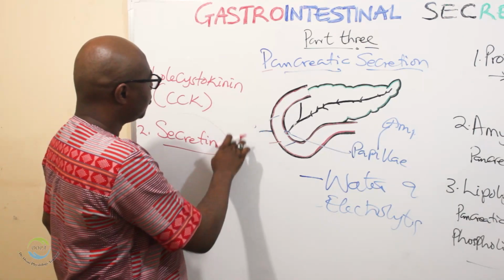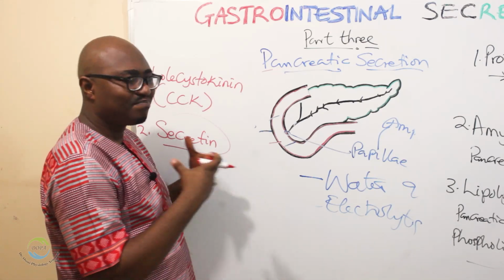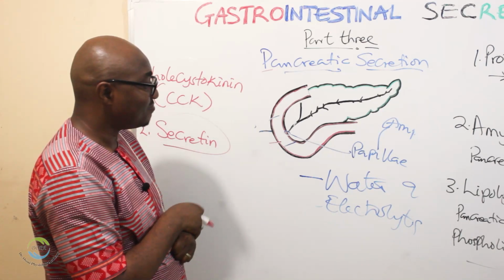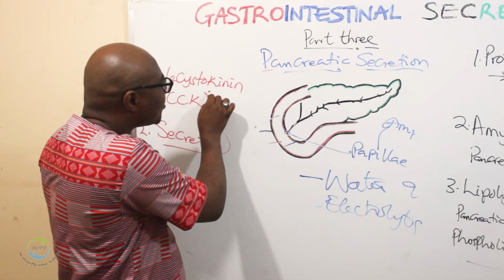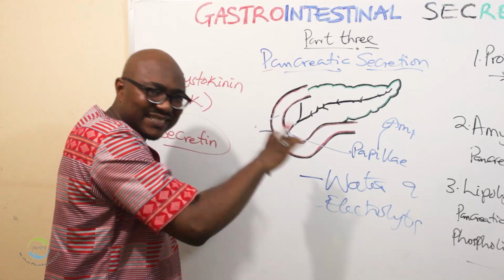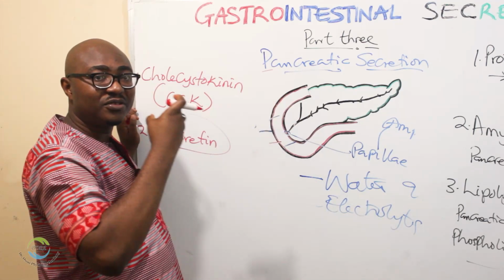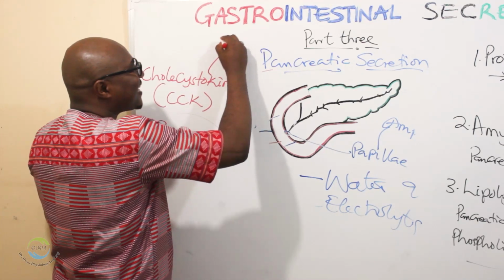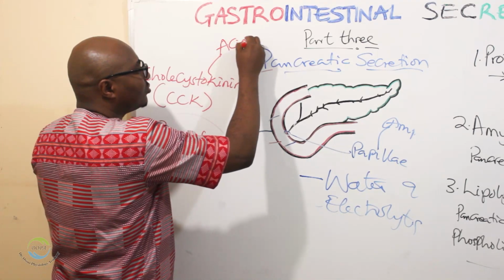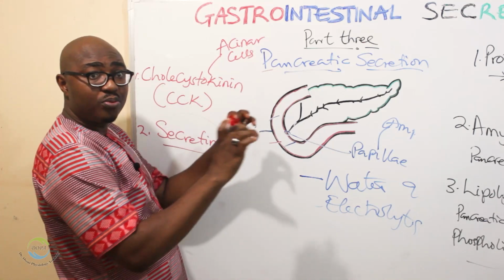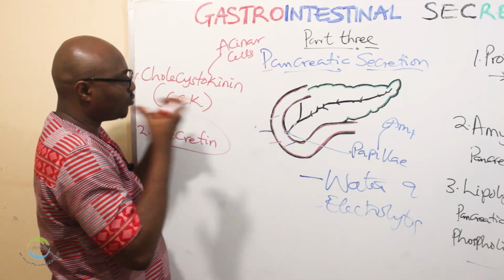So these two, they stimulate pancreatic secretion, but there's a major difference in what they do. This cholecystokinin stimulates the enzymatic part of the secretion. So that means it stimulates the what? Acinar cells more, where the enzymatic component of pancreatic secretion comes from.